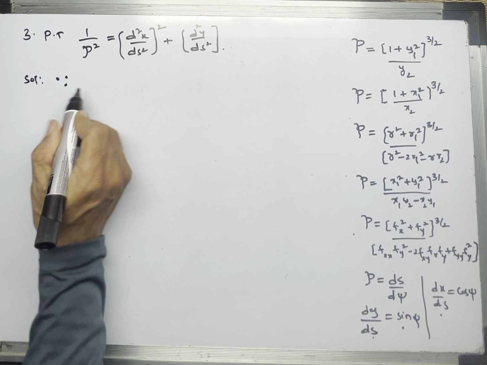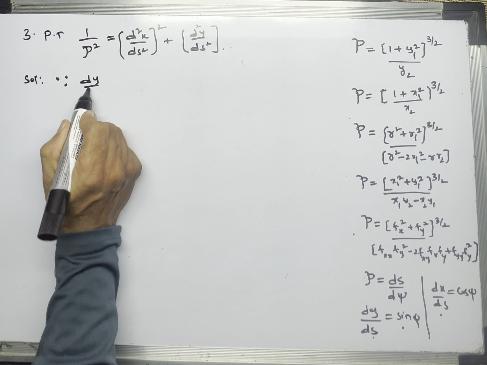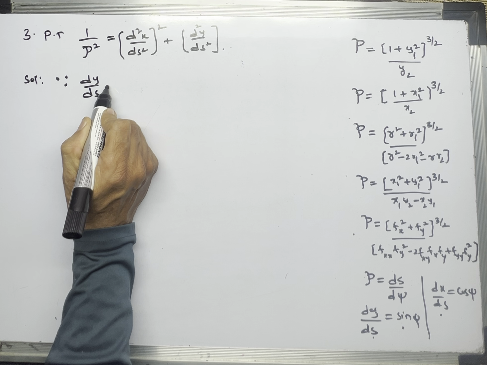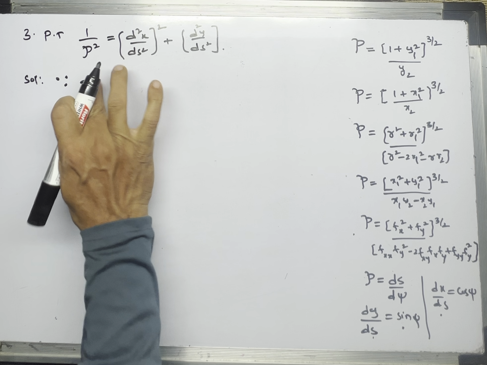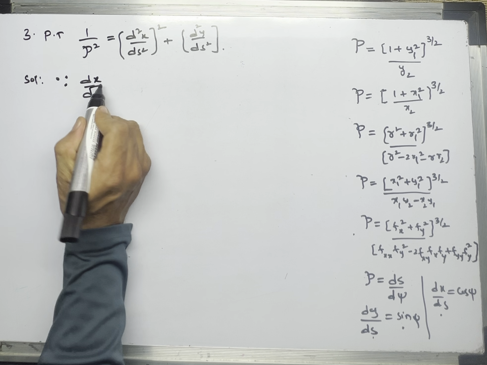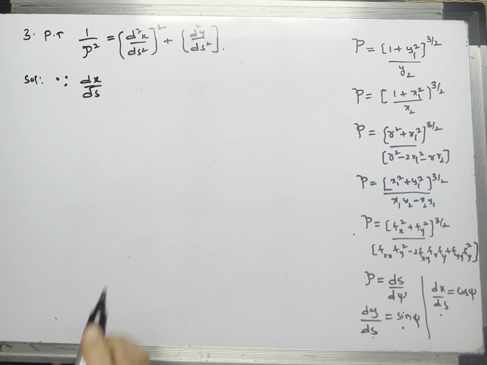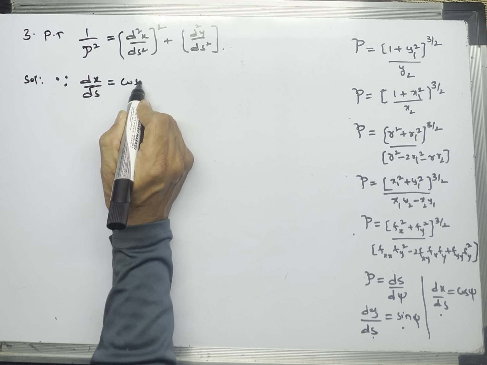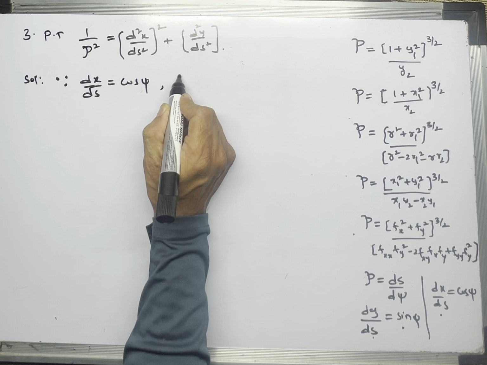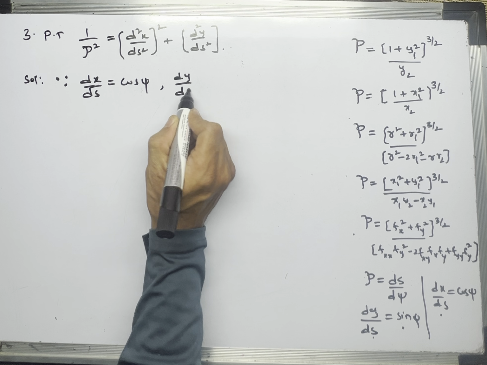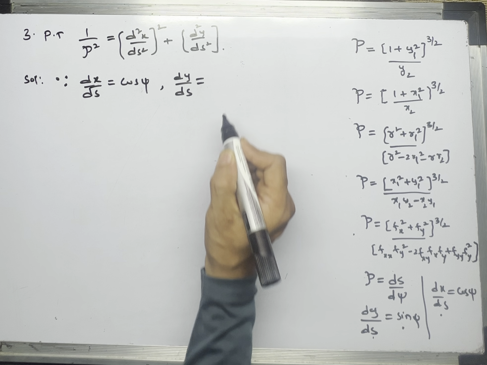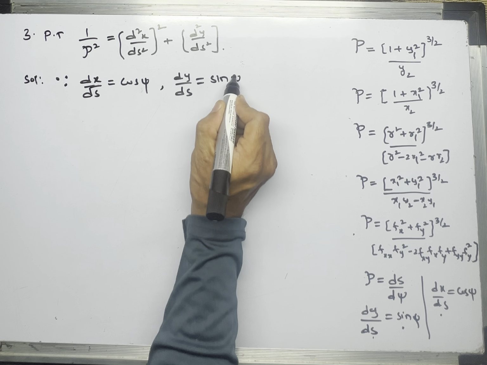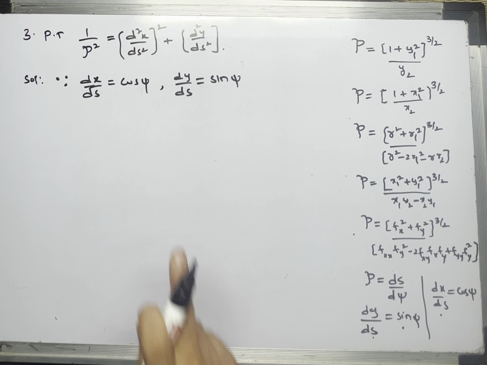We know that dx by ds is equal to cos psi, and dy by ds is equal to sin psi. How do we recall those values?